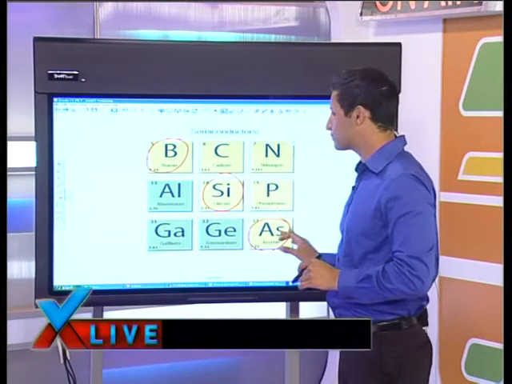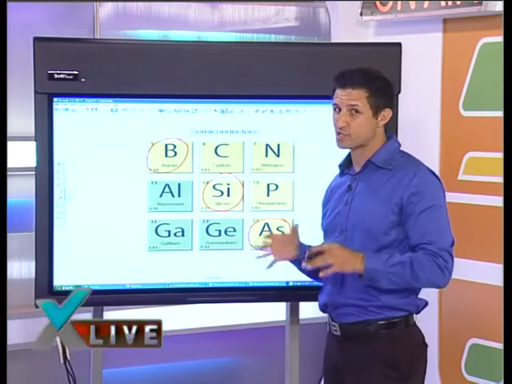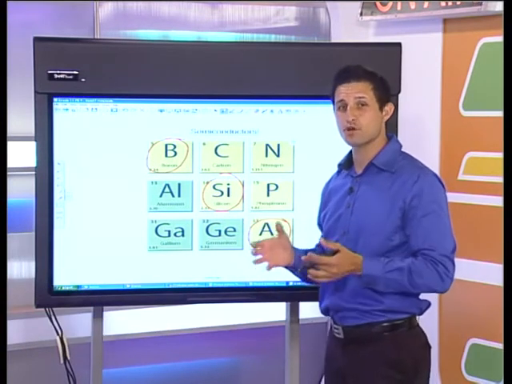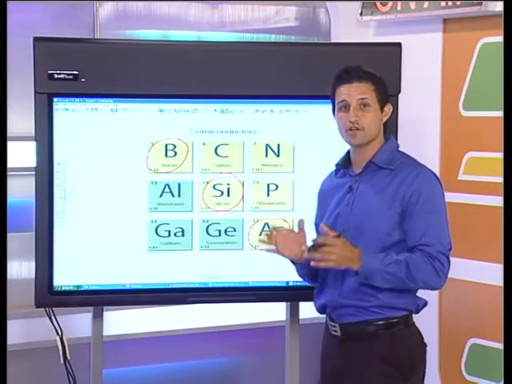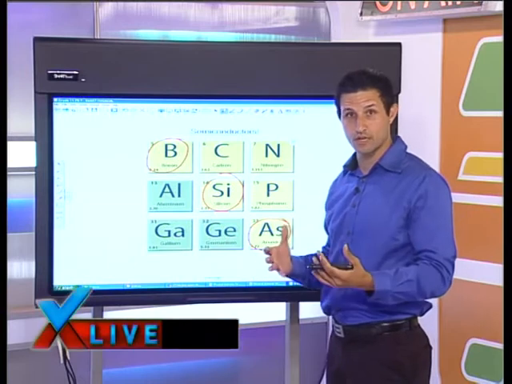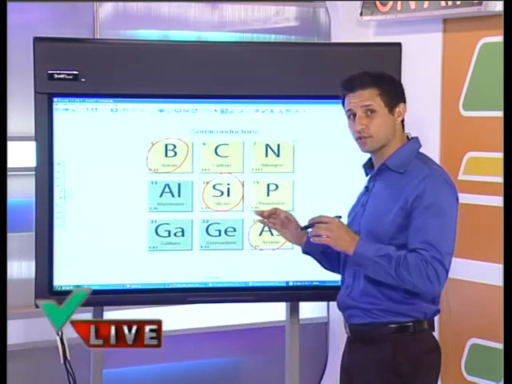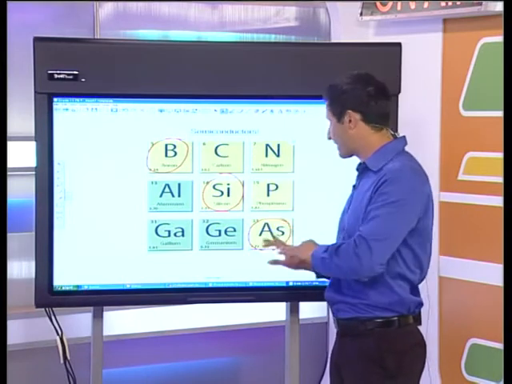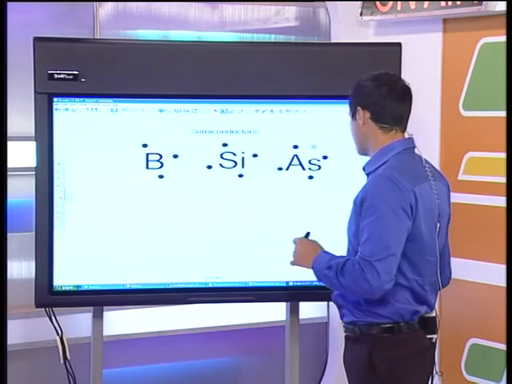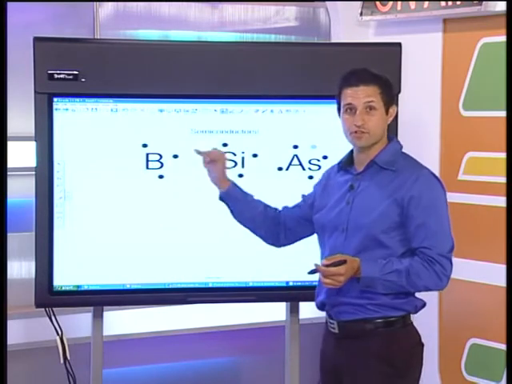When we add these two elements to silicon, we call this doping. Now, just as in sport, doping is the addition of something foreign to change the properties or the performance of the silicon that we're going to be talking about. Okay, let's move a little bit further and let's see how we can combine silicon with boron and arsenic. So, if we take these elements and we start taking a look at how they are structured.